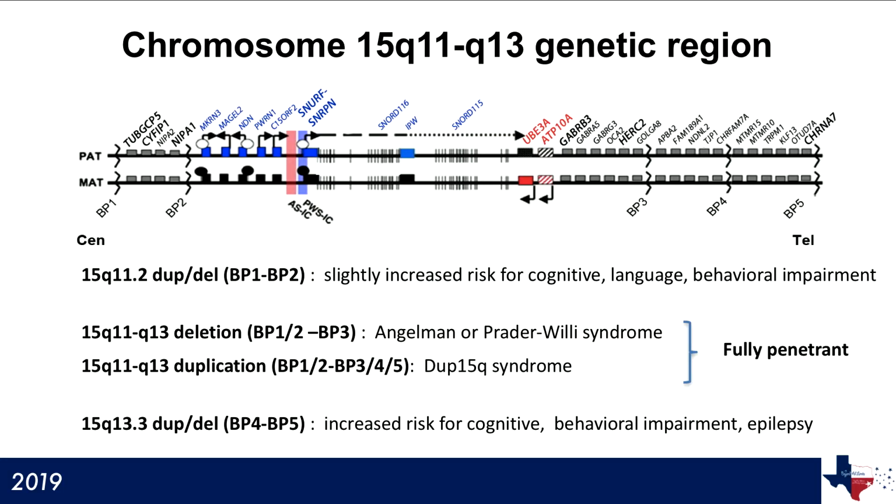And that's an important point, because there are individuals that have duplications and deletions of breakpoint 1, 2, or breakpoint 3, 4, 5, and those confer perhaps increased risk for neuropsychiatric phenotypes, but they're not fully penetrant. And so they're different and not necessarily the same disorder as we're talking about today.